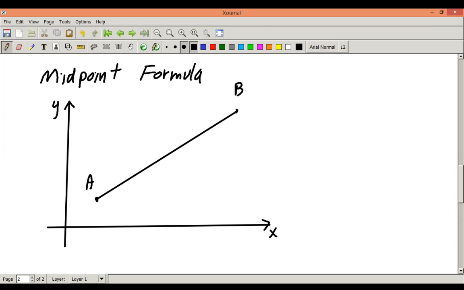And we're going to be interested in calculating the coordinates of the midpoint of line segment AB, which we'll call M. Okay, so this first point A is going to be, let's just say, x sub 1, y sub 1. The subscripts there distinguish that from the other point, B, which is x sub 2, y sub 2. So the subscripts just mean different points.